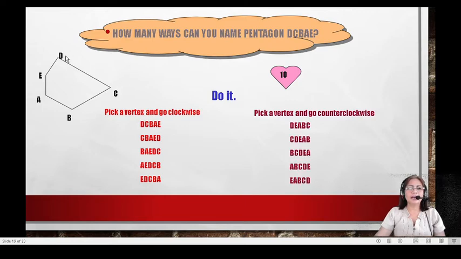And counterclockwise, we can name this pentagon as pentagon DEABC. Another name: pick any vertex and go clockwise or counterclockwise. So we have 10 ways of naming this pentagon.